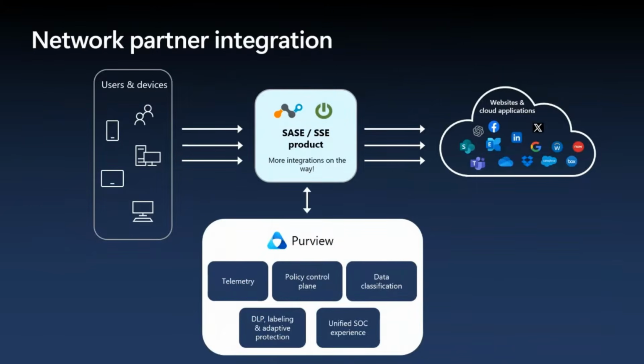So this is the network partner integration, and I know we have been working closely with these partners. What is your take on this? What are the key values you would like to highlight? Yeah, I think the idea behind this slide is to represent where this integration fits in, right? We're extending our Purview policies to these SASE SSE provider integrations, as you can see on the bottom.